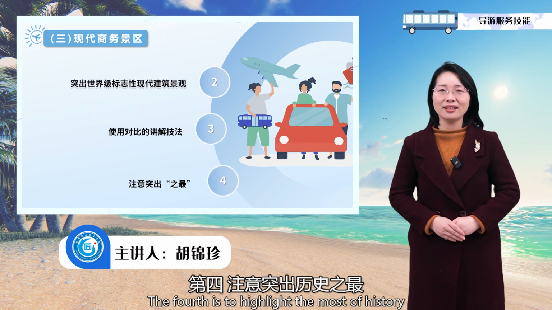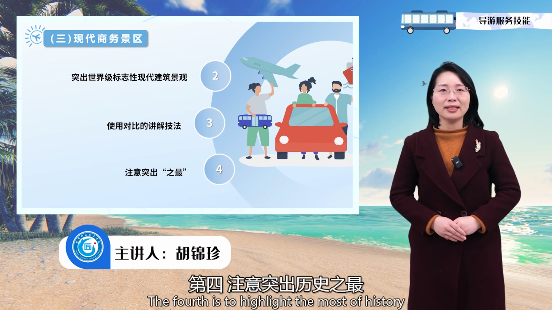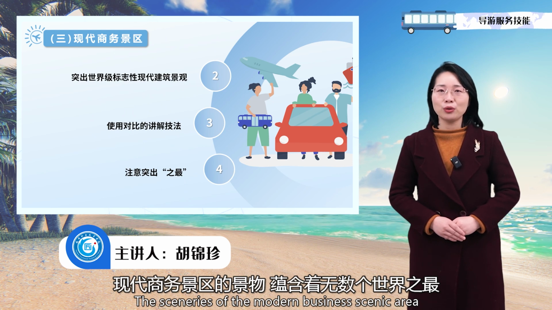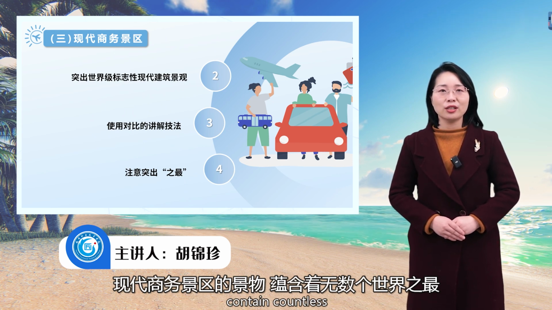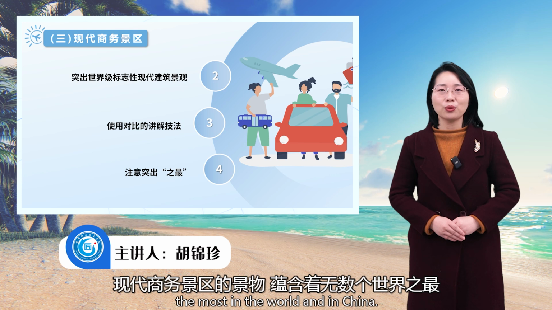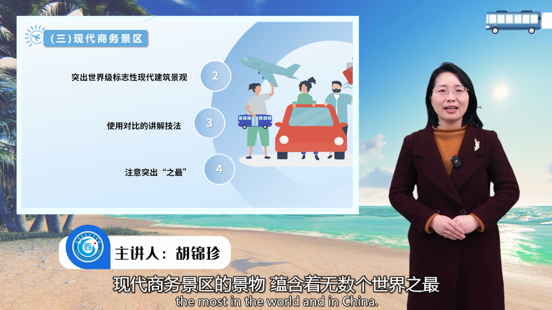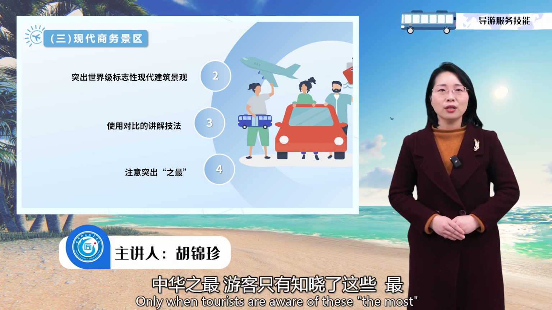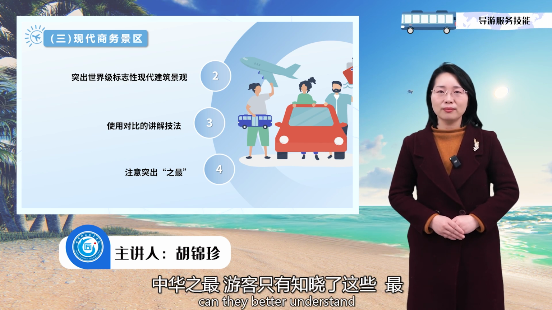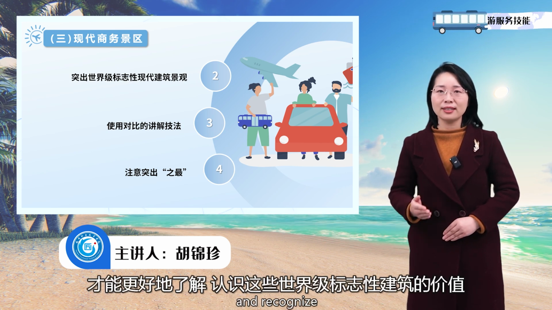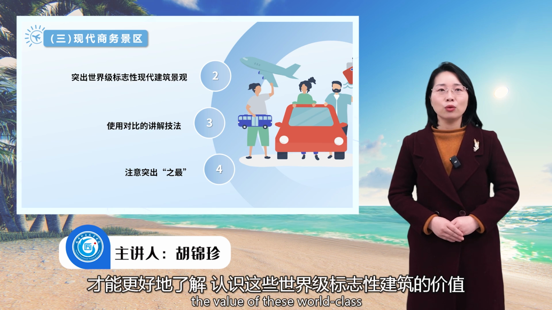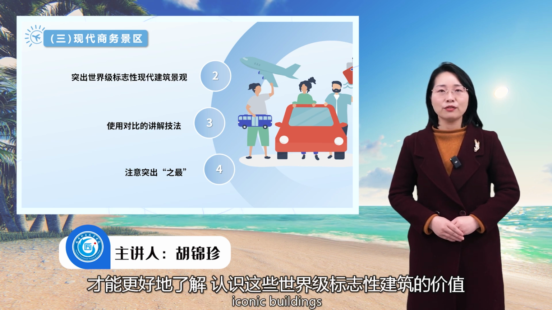The fourth is to highlight the most of history. The sceneries of the modern business scenic area contain countless the most in the world and in China. Only when tourists are aware of this the most can they better understand and recognize the value of these world-class iconic buildings.